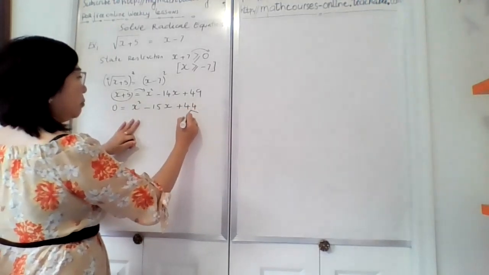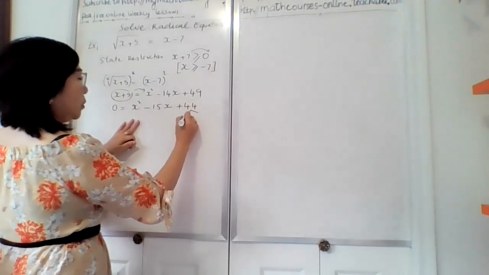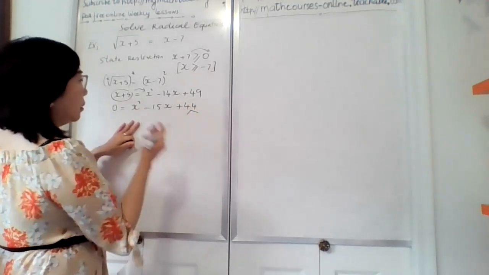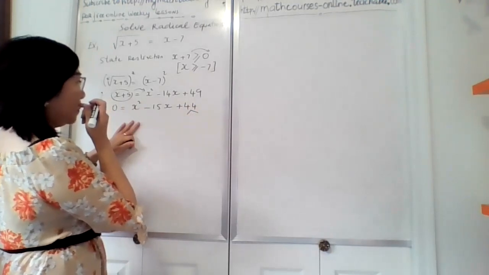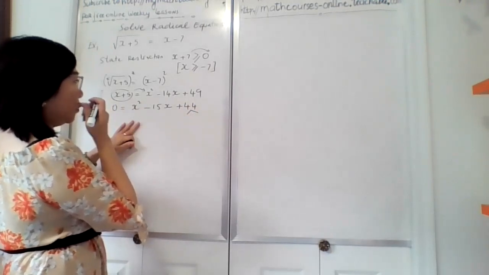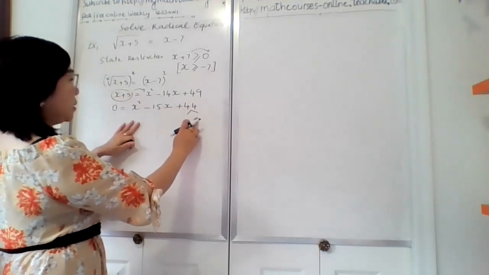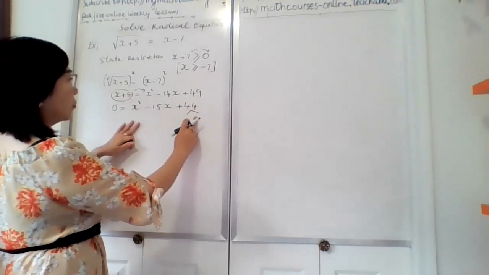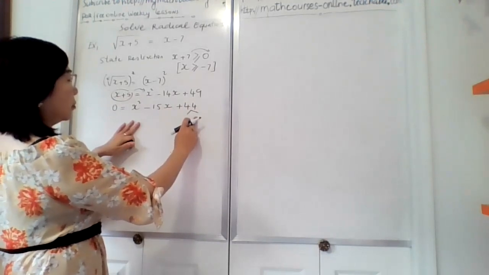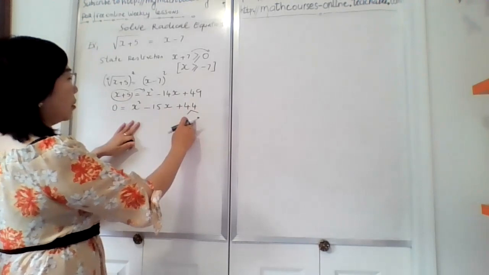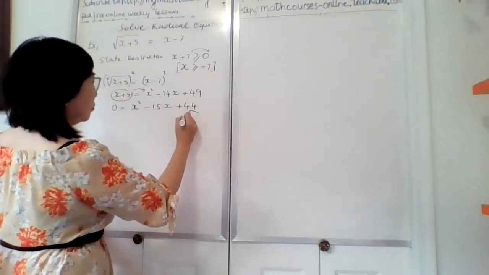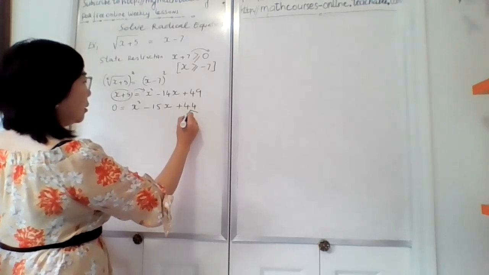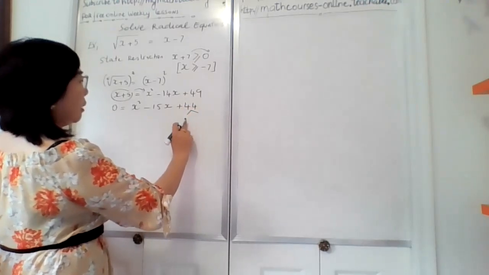By splitting this, 44 will become, divided by 4, I will get 11.